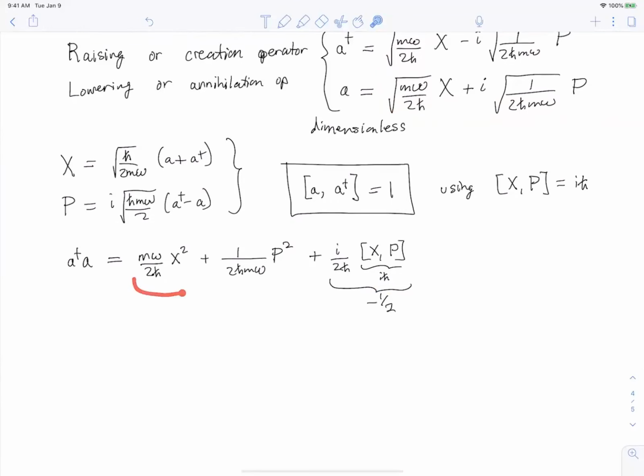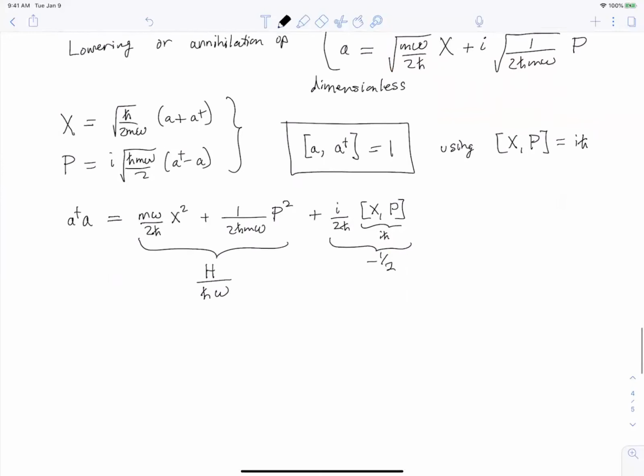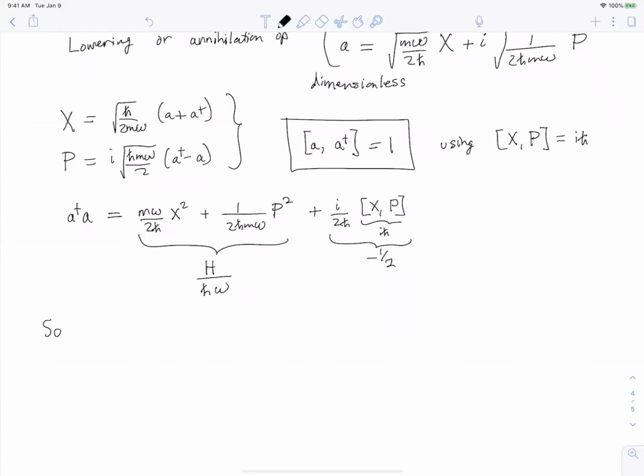And the other conspiracy is that this stuff is almost the Hamiltonian. In fact, it's the Hamiltonian divided by the energy scale to make it dimensionless, so it's capital H over h bar omega. And so rearranging that, what we found is that the Hamiltonian is equal to the energy scale, h bar omega, times A dagger A plus 1/2.